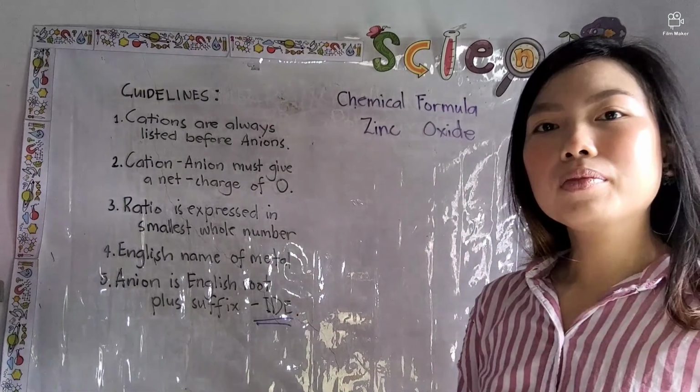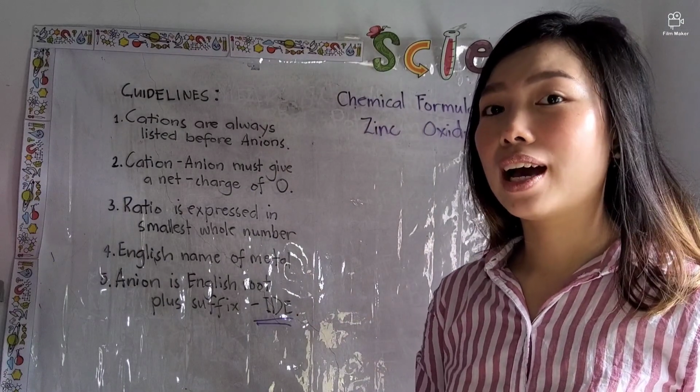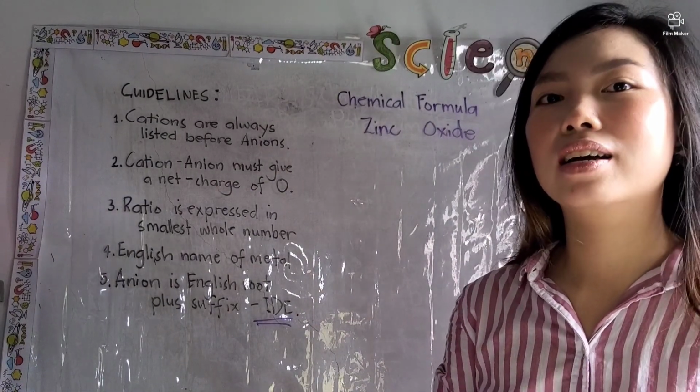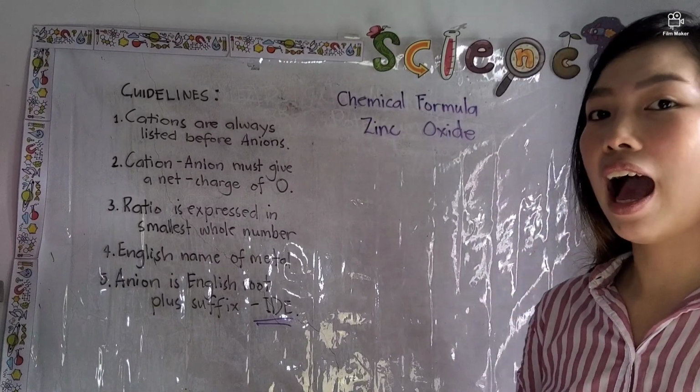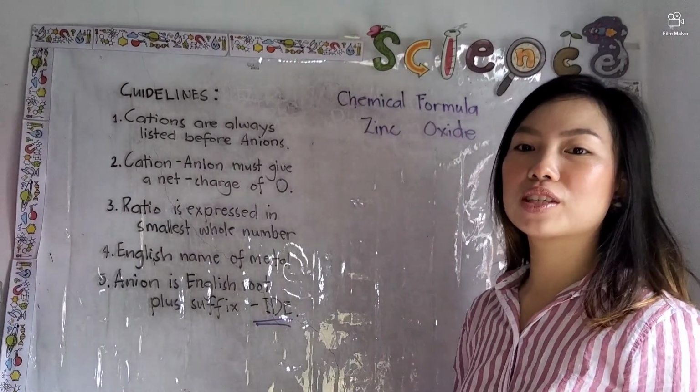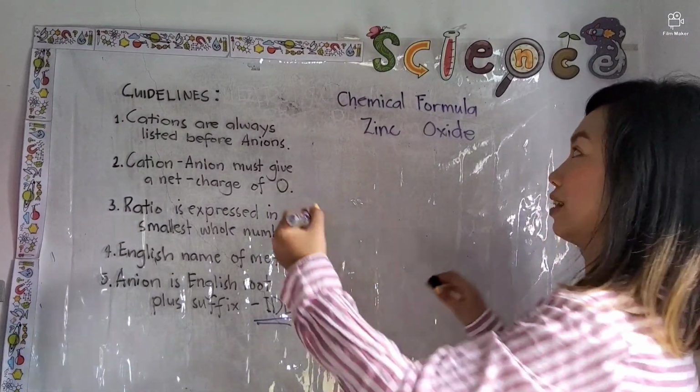Now, ang una mong gawin ay alamin ang symbol ng zinc at ng oxygen. So the symbol of zinc is Zn.